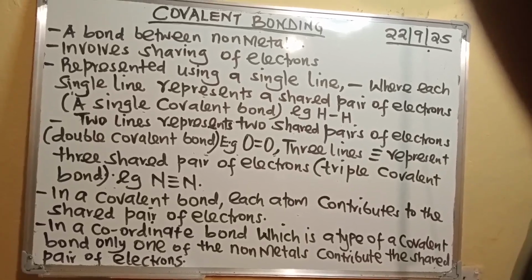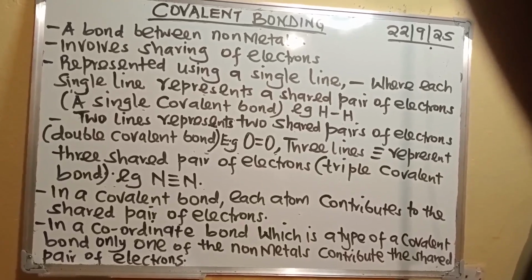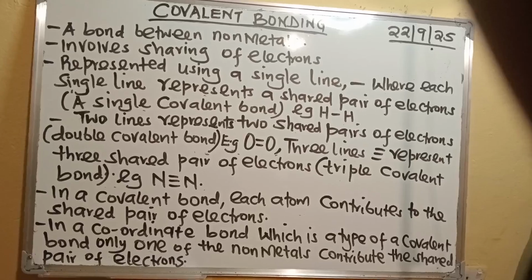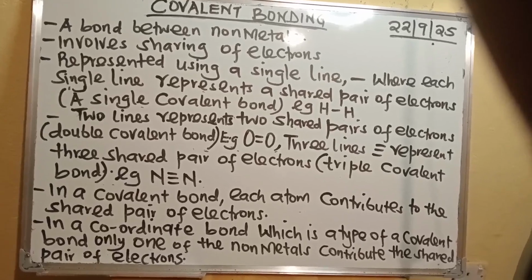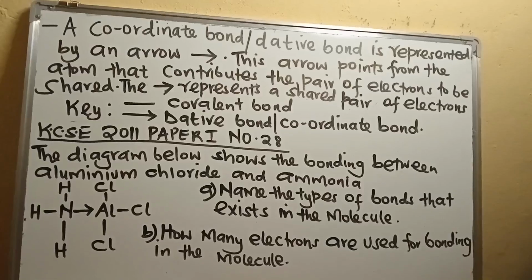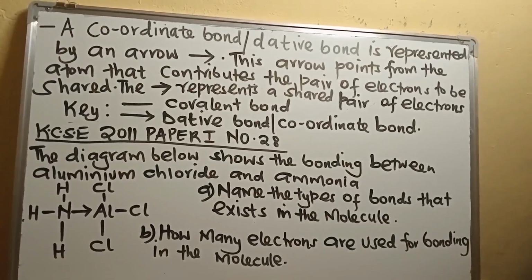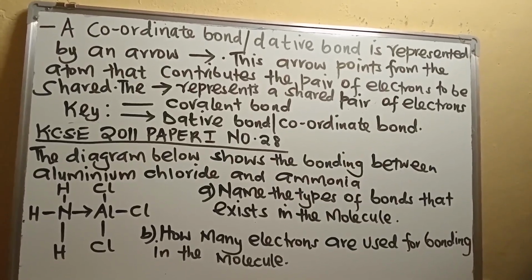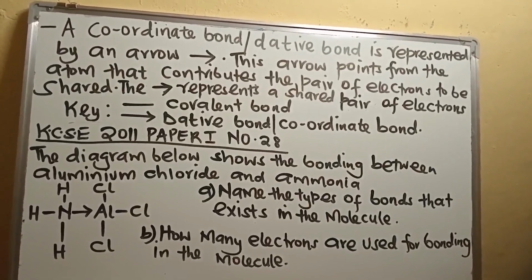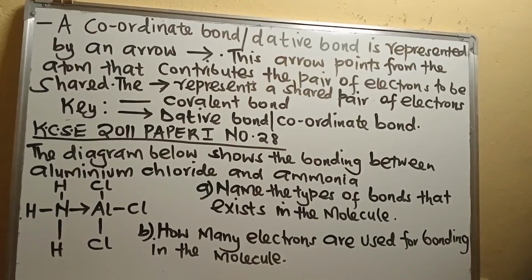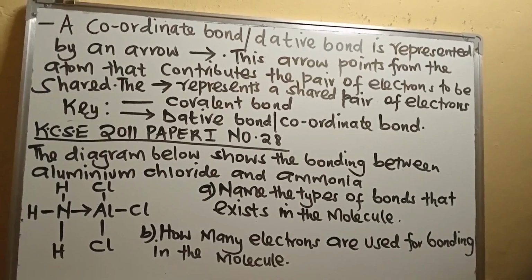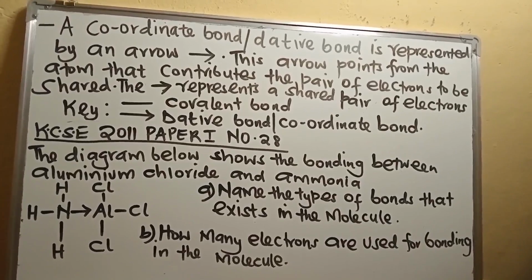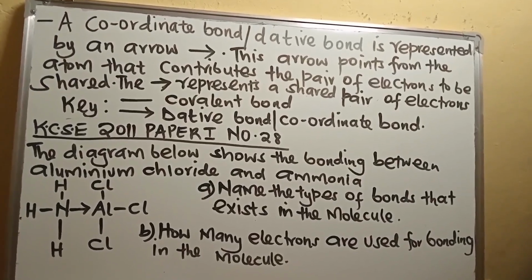A coordinate bond or a dative bond is represented by an arrow. This arrow points from the atom that contributes the pair of electrons to be shared. The arrow represents a shared pair of electrons.